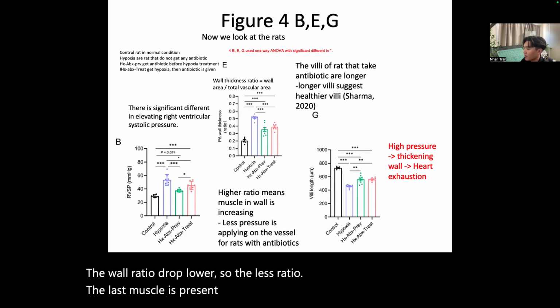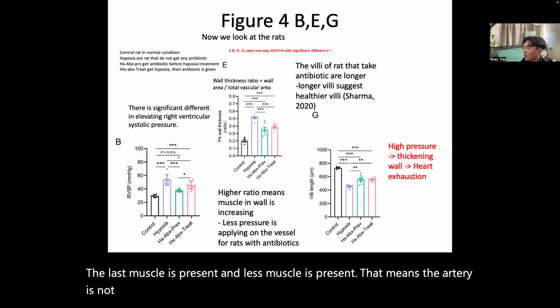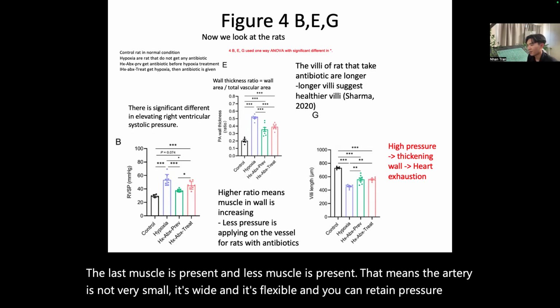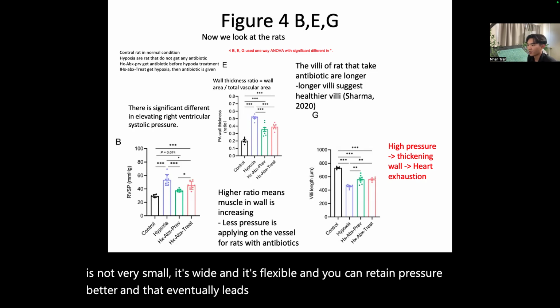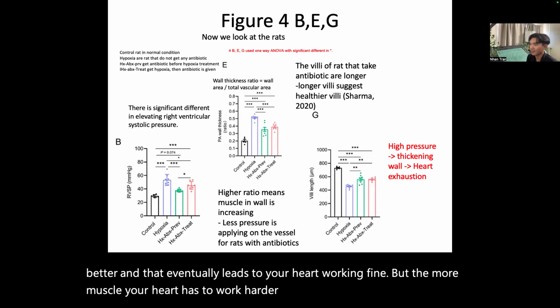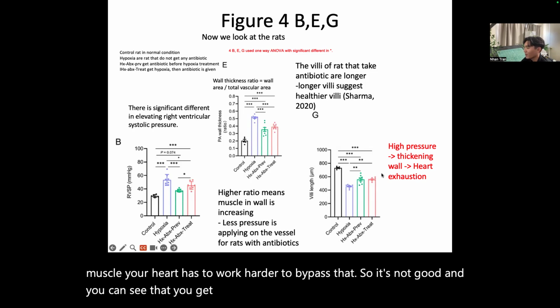And less muscle present means the artery is not very small, it's wide and flexible, and you can retain pressure better, and that eventually leads to your heart working fine. But with more muscle, your heart has to work harder to bypass that. So it's not good. And you can see that if you get antibiotics, it's good for them.